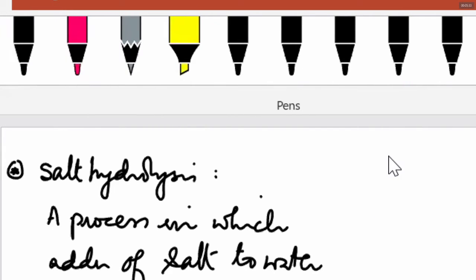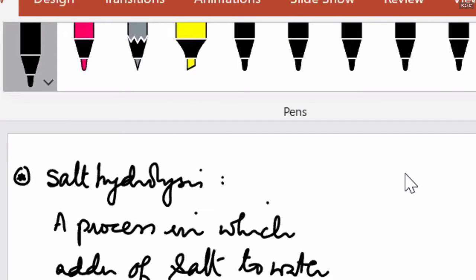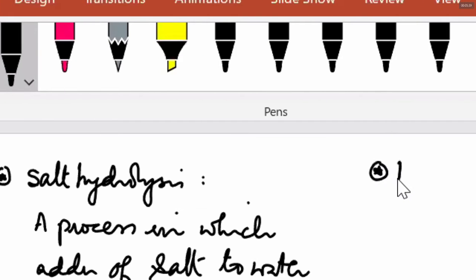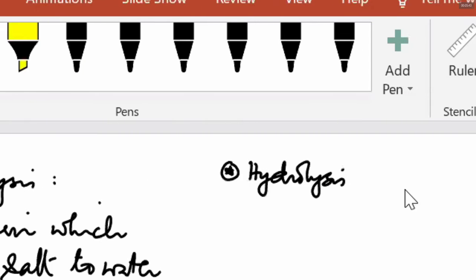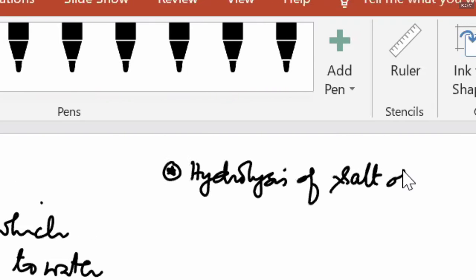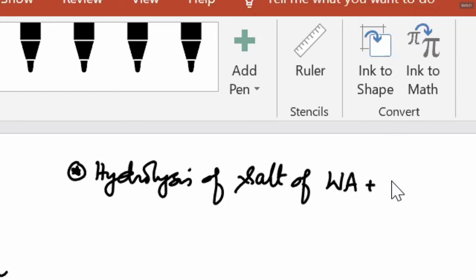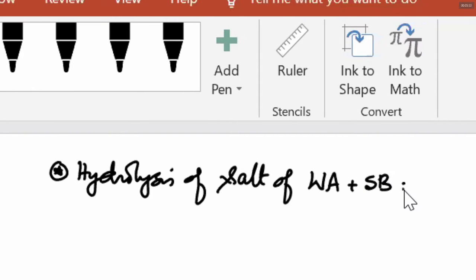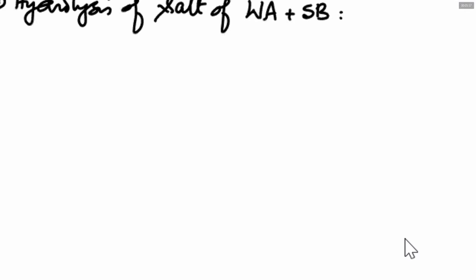Case number 1: hydrolysis of salt of weak acid and strong base. How to proceed? The steps are like this.